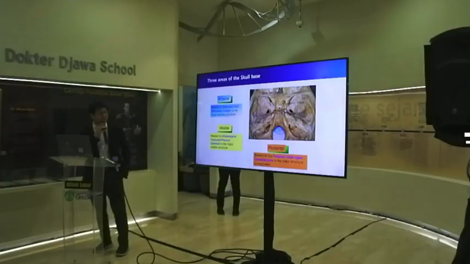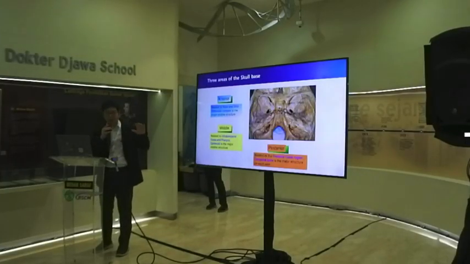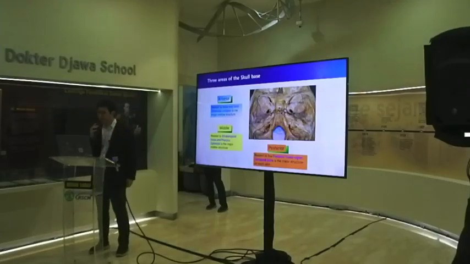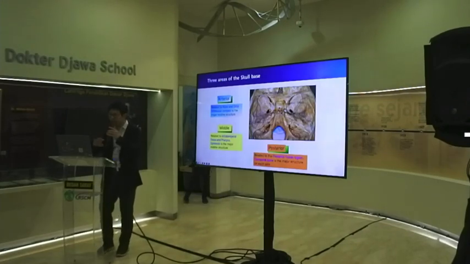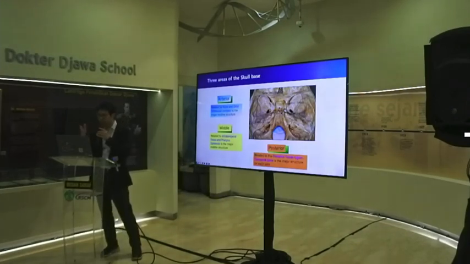Let's begin with a review of the skull base. It can be divided into three main areas. The anterior skull base is related to the nose and the orbit, with the ethmoid complex as the major midline structure. The middle area is related to the infratemporal fossa and pharynx, where the sphenoid bone is the major midline structure.